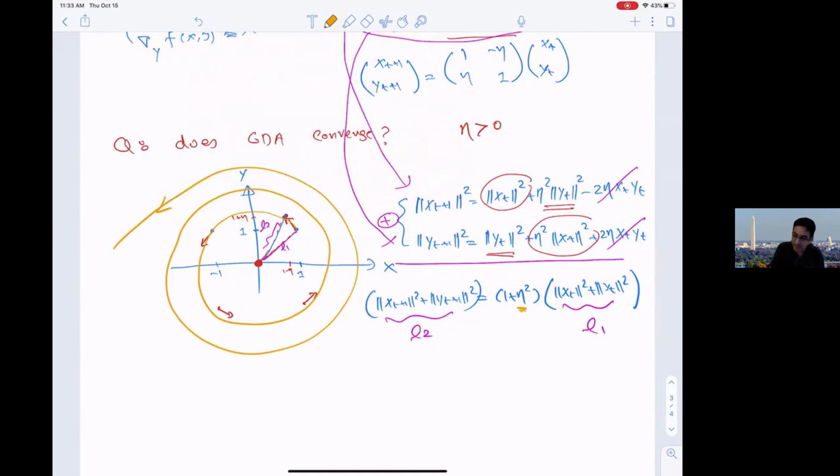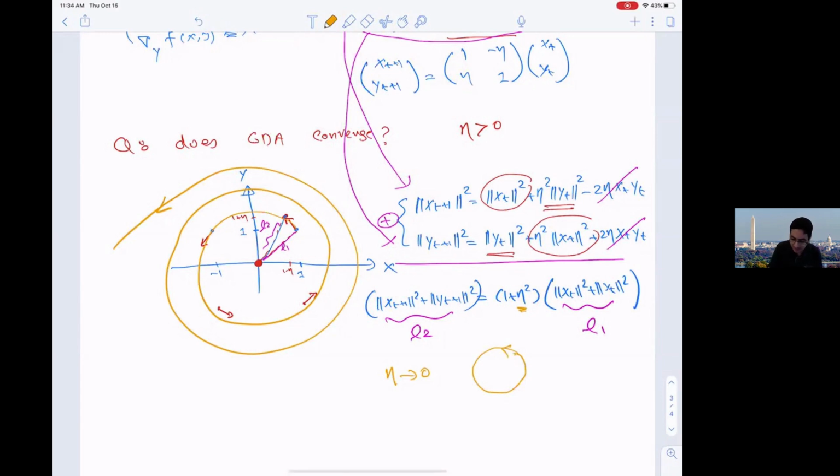If your eta is really, really small, if eta is almost zero in a gradient flow type analysis, then you're going to remain in a cycle, right? Asymptotically, because you are not getting closer, but because eta is asymptotically zero, you are not getting anywhere.